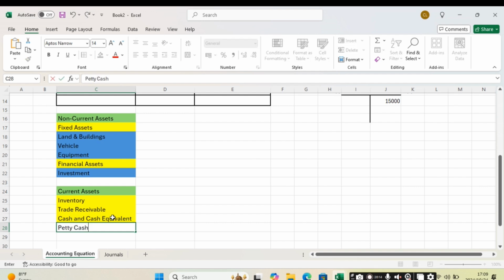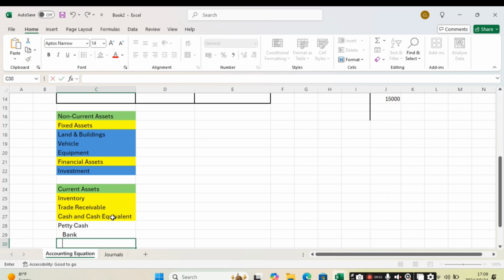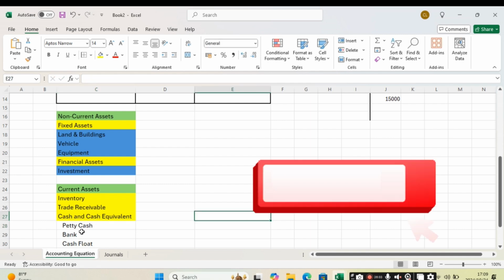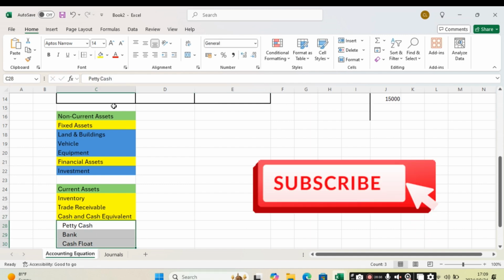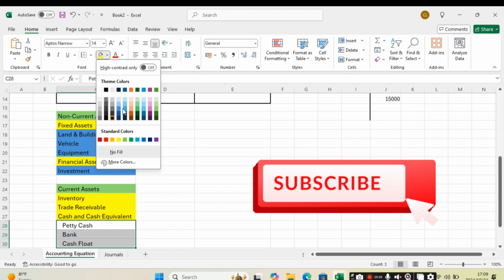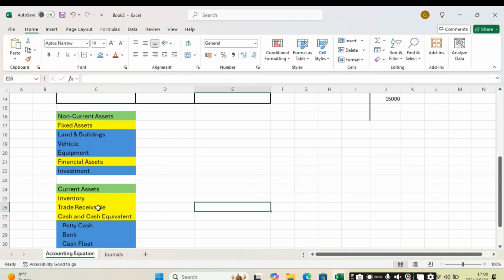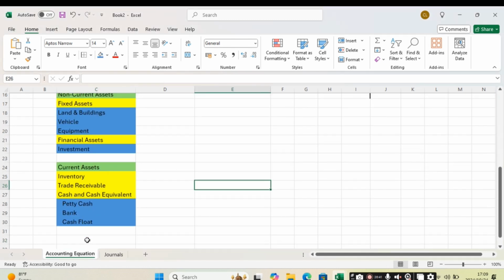And then we have our bank, and then we also have our cash float.